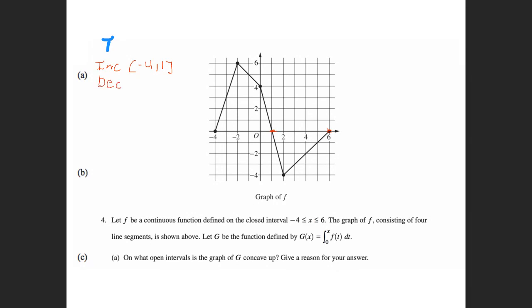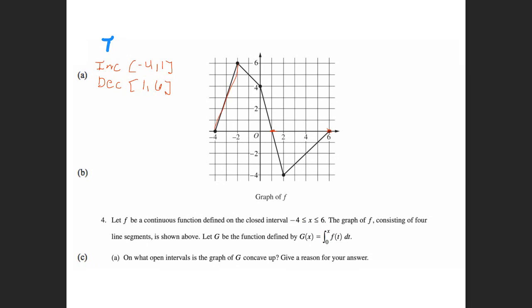These are things that you have to be able to look at. But that's not the question it asked. It asked, where is it concave? Well, concavity is the second derivative. If this is the first derivative, the next derivative would just be the slope. Concave up means the slope has to be positive. So where's the slope positive?